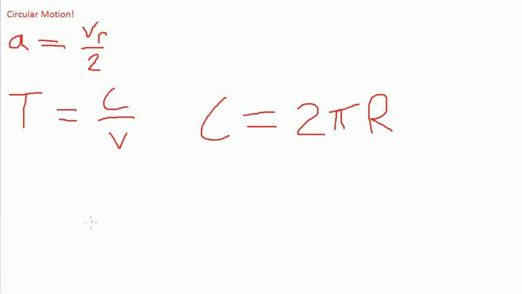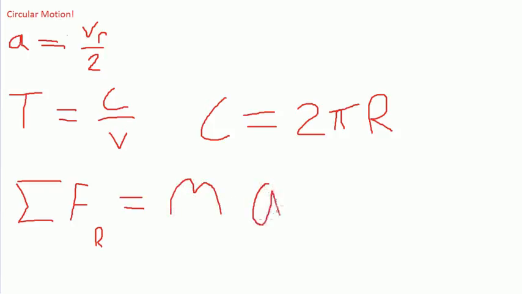The first one, Newton's second law, is basically that the sum of the radial forces is equal to the mass times the magnitude of radial acceleration, which we talked about here.